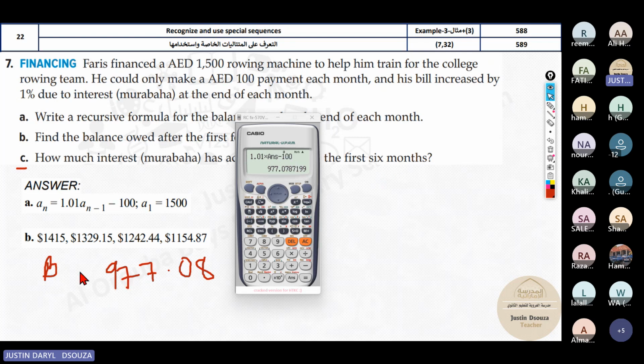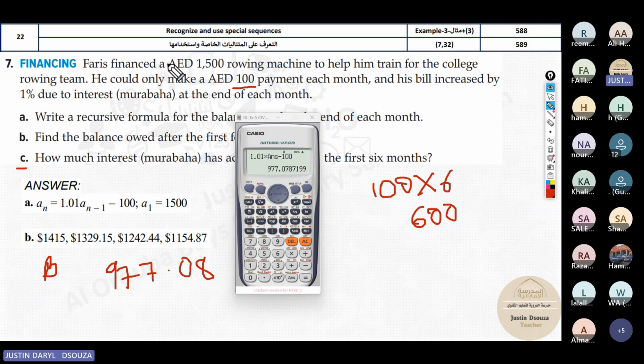But they are not asking for the balance amount after 6 months. They want to know how much is the interest, right? Now, what if it was interest free? What's the payment he did for 6 months? He paid 100 into 6, so he paid 600 dirhams after 6 months.